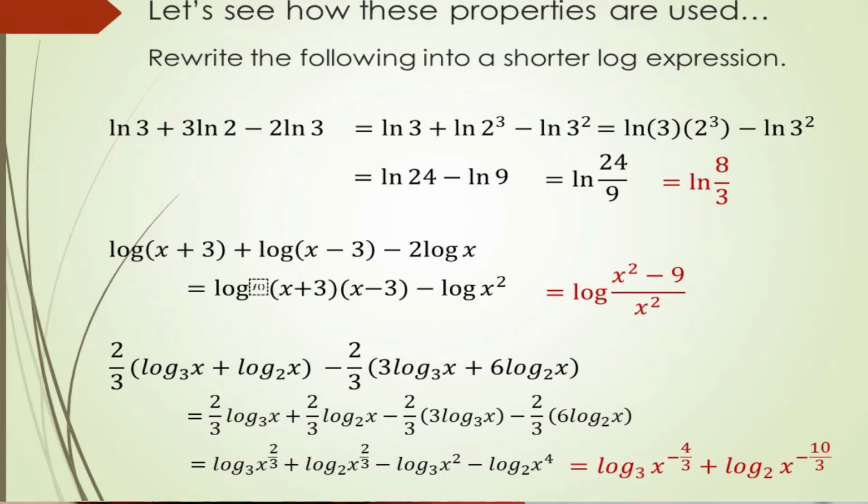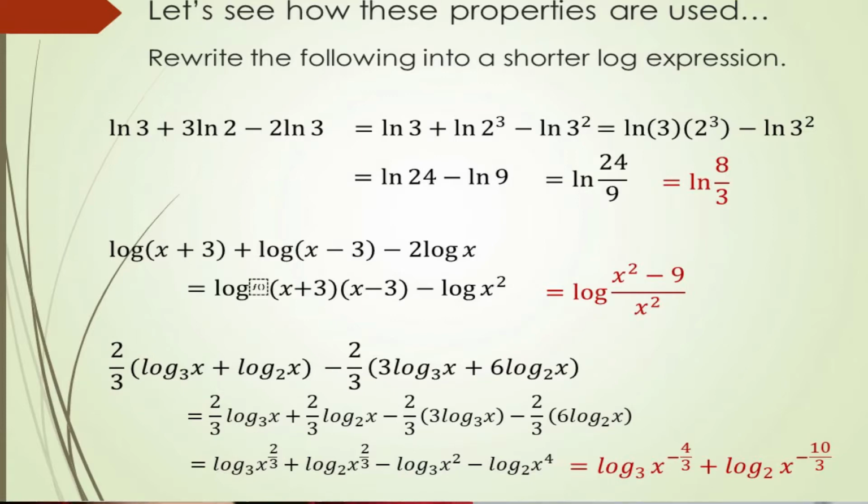That's the third property, the power rule. Because there's a number before ln, we can rewrite that as ln 2 raised to 3 minus ln 3 raised to 2. And then you can now perform the operations. Since addition is multiplication and subtraction is division, what will happen? It will become ln.